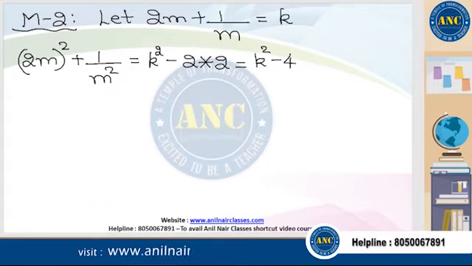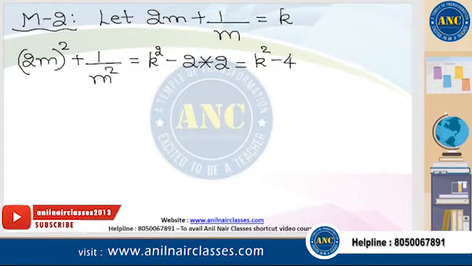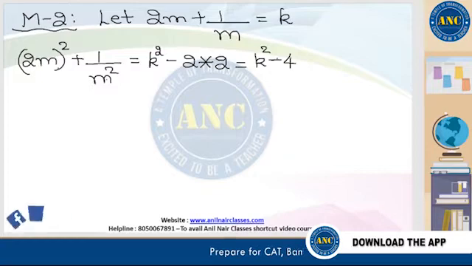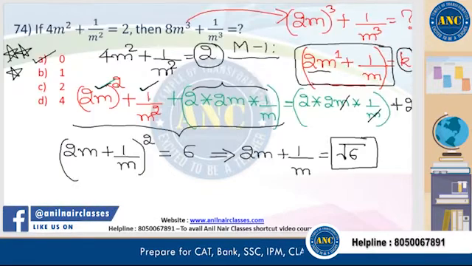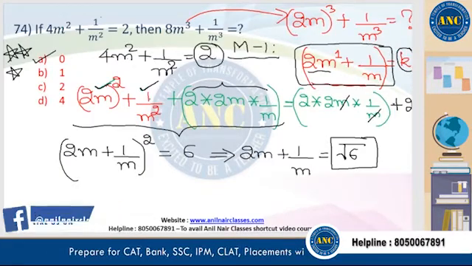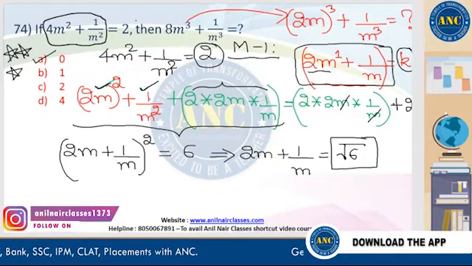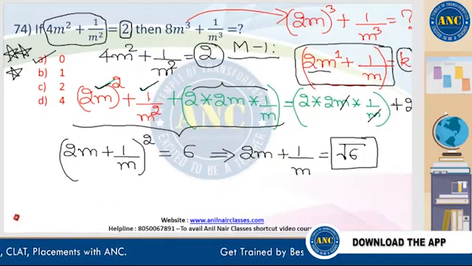That means I got 2m whole square plus 1 by m square as k square minus 4. But think logically, sir, in the question itself they have given you the value of 2m whole square plus 1 by m square as 2.